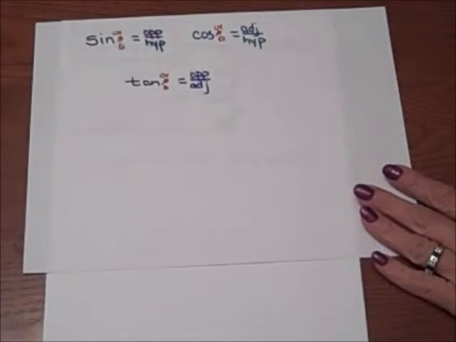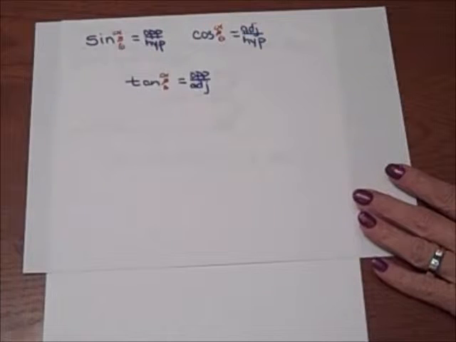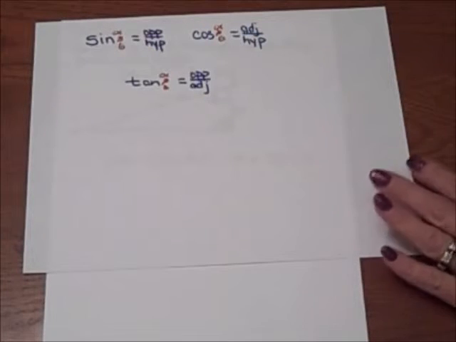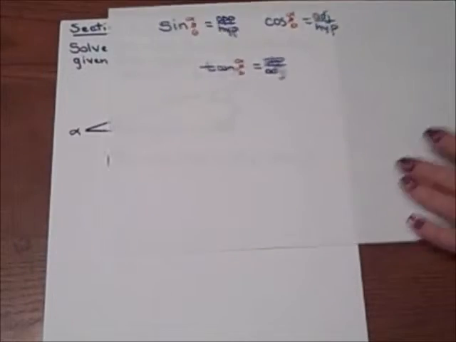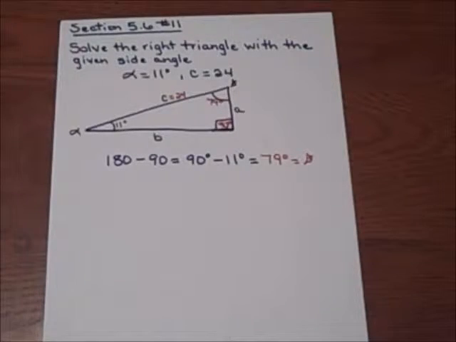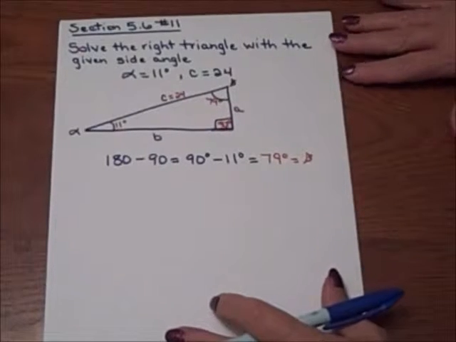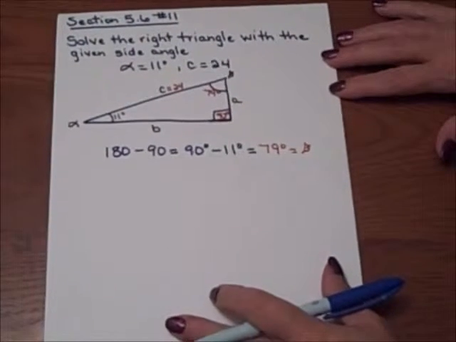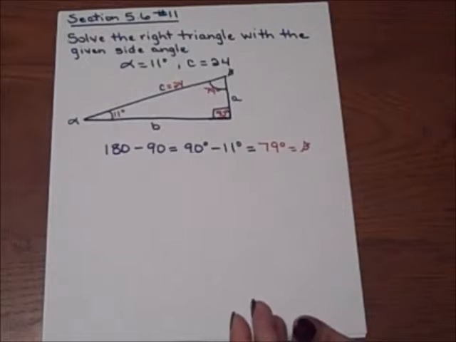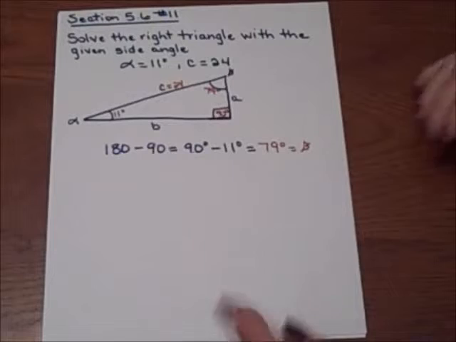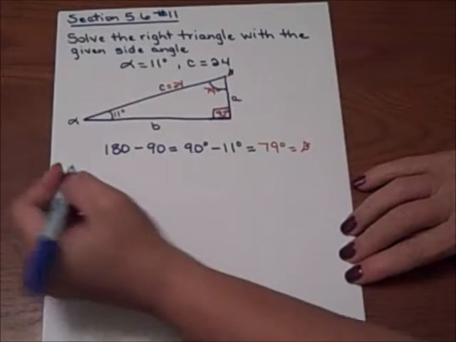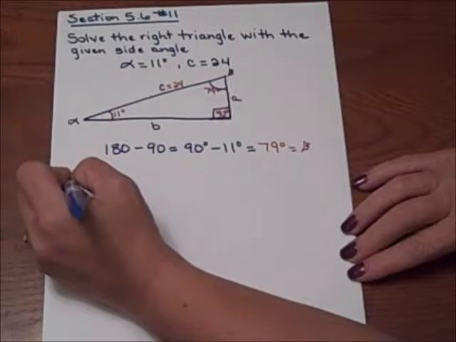The trig functions, of course, are sine, cosine, tangent: opposite over hypotenuse, adjacent over hypotenuse, or opposite over adjacent. For this purpose, I'm going to use sine, and as long as you know the numbers that you should plug into these trig functions, you can pick whichever one you like. And like I said, I'm going to use sine.